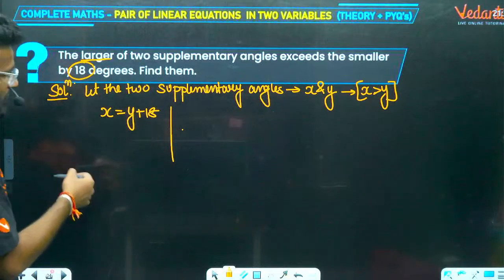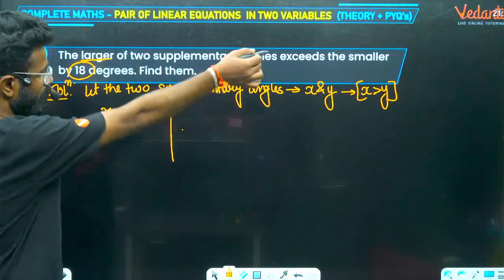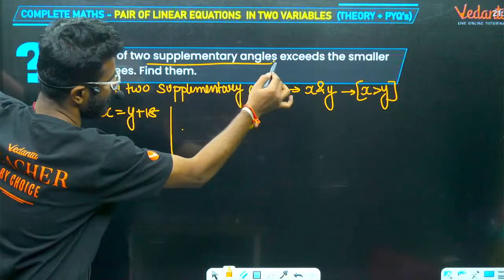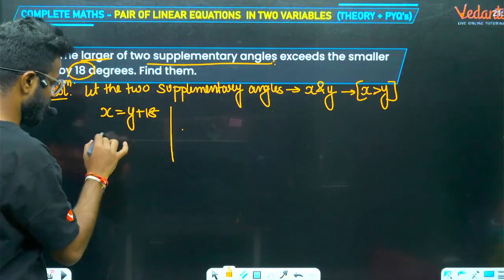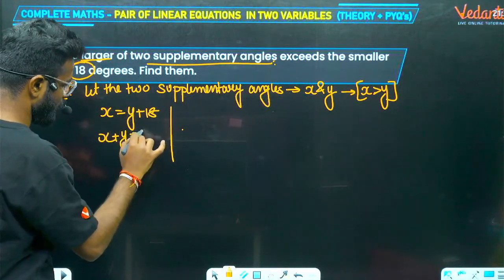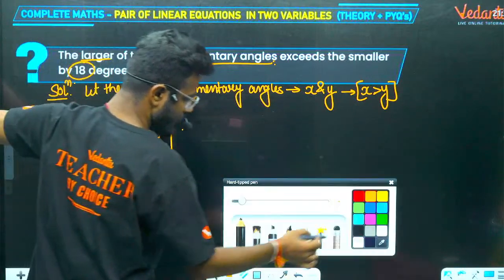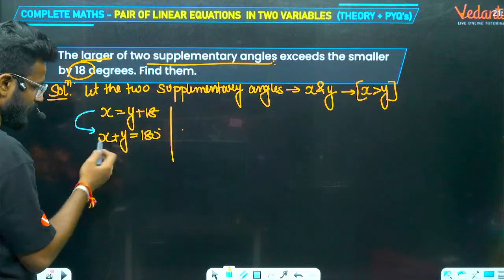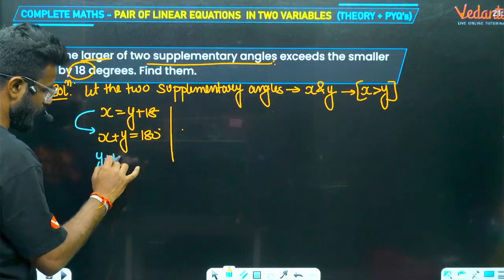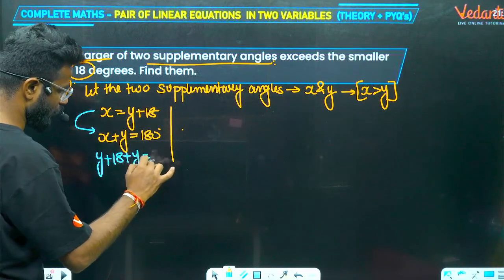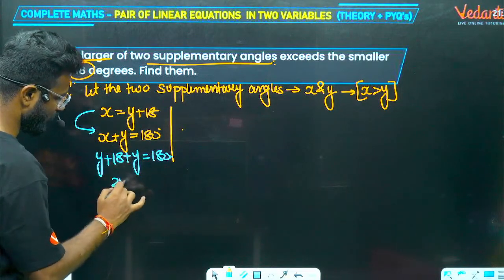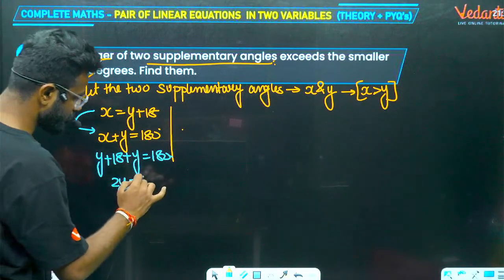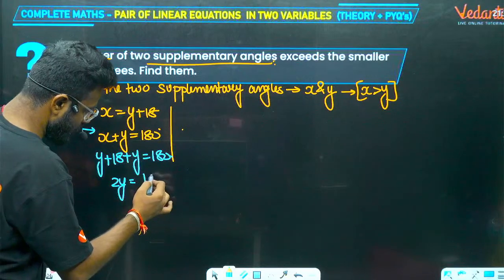So the first equation is this, and the second equation you can get from the supplementary angles, that is x plus y is equal to 180 degrees. Simply you have to put x is equal to y plus 18 in this equation. y plus 18 plus y is equal to 180 degrees. 2y is equal to 168.